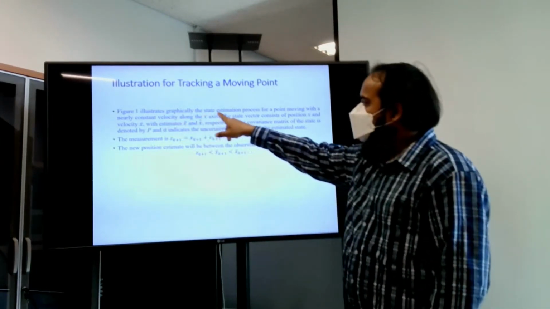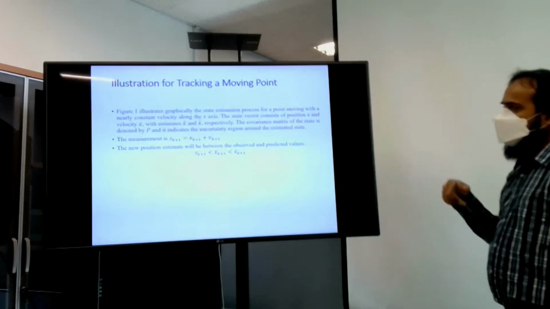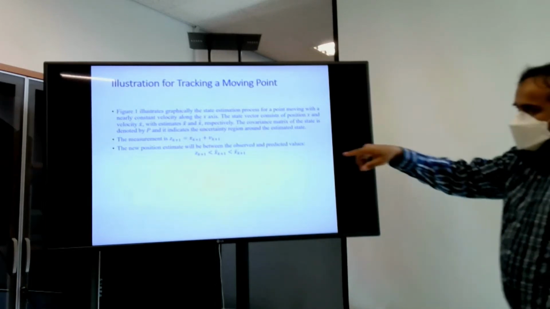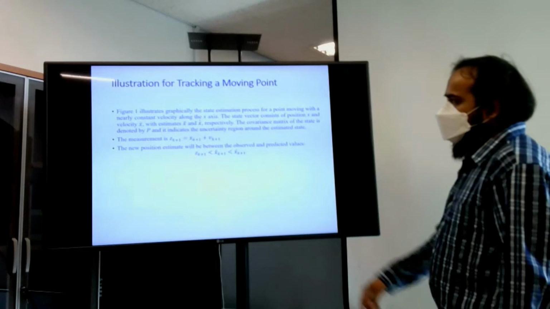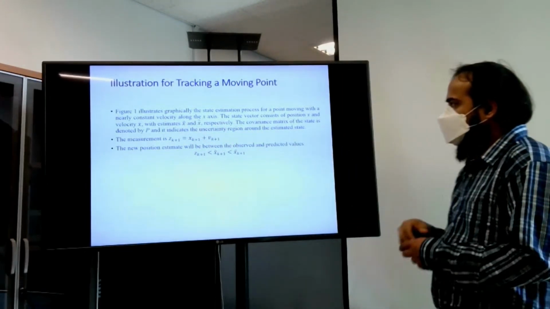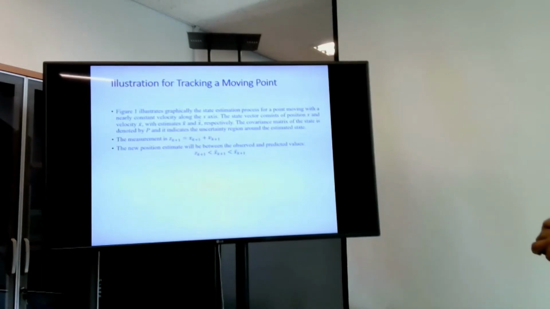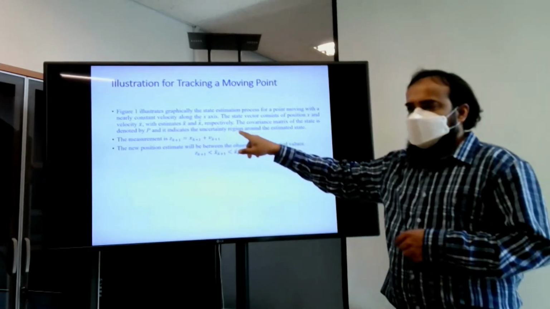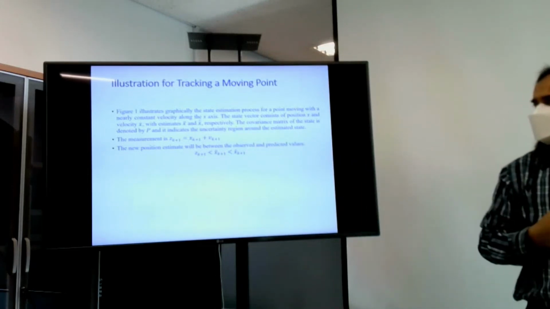This is the graphical state estimation process for a point moving with nearly constant velocity along the x-axis. The state vector consists of position x and velocity x dot, with estimates x cap and x dot cap respectively. The covariance matrix of the state is denoted by P, and it indicates the uncertainty region around the estimated state.